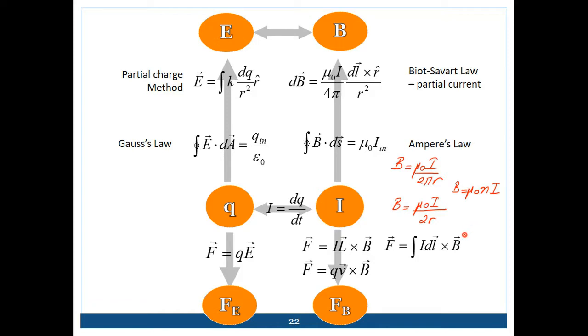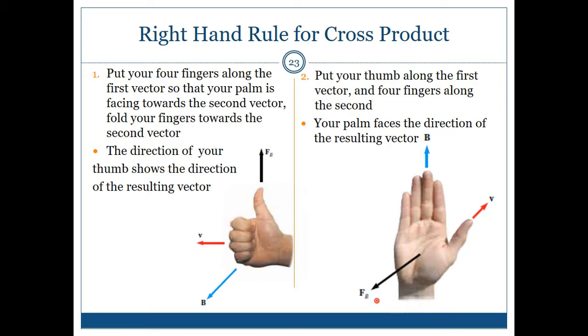We also learned so far various right-hand rules, and I will go over them really quick. One right-hand rule was to calculate the resultant force in a cross product. This could be F equals qV cross B, F equals IL cross B, or to calculate the direction of ds cross r hat in the Biot-Savart law.